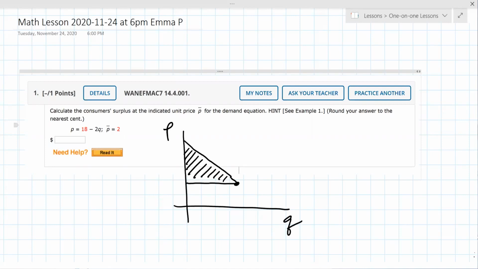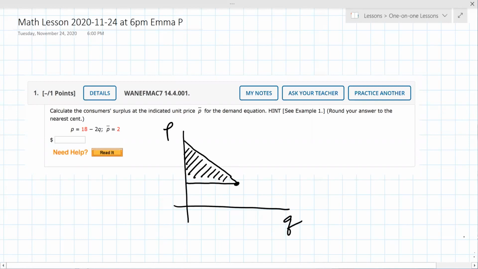Area between the curve. We're doing consumer surplus. All right, I guess this is right. So you might have seen some formulas in class.